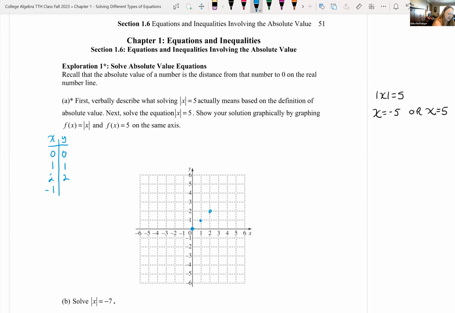If I plug in a negative number, the absolute value of -1 is +1. Absolute value of -2 is +2, etc. So I have this V-shaped graph for f of x equals the absolute value of x.